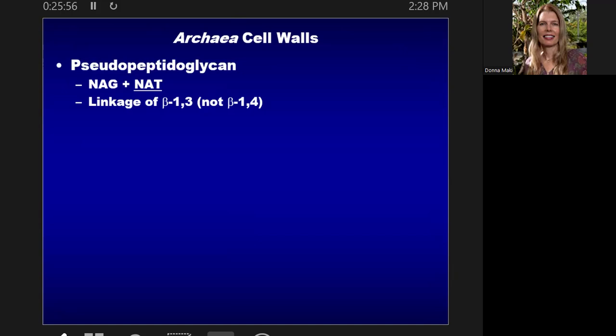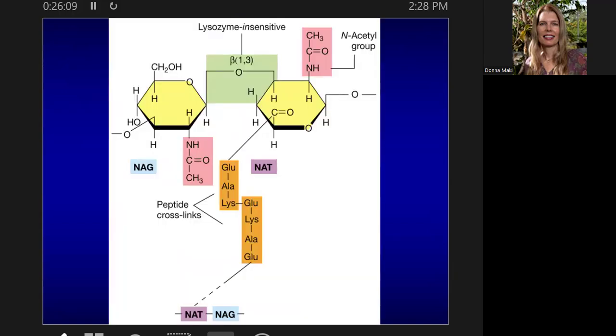But generally that's okay because although we have a few archaea that hang out with us and in us, they're not considered something to be concerned about in the sense of a negative impact on our physiology or health. So if you're curious, this is the idea of the pseudo peptidoglycan.